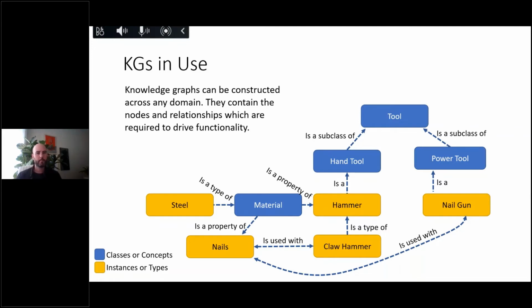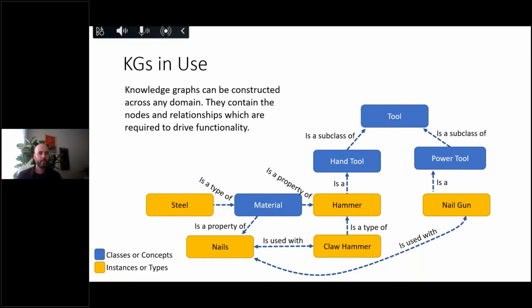And you can see a couple of different elements here, which I'll just point out. At the top here, we've got tool, and then below that, hand tool and power tool with the defined relationship of is a subclass of. So knowledge graphs can have hierarchy within them, but because they're a web, they are not totally hierarchical. It's just possible to define one relationship as a hierarchy.